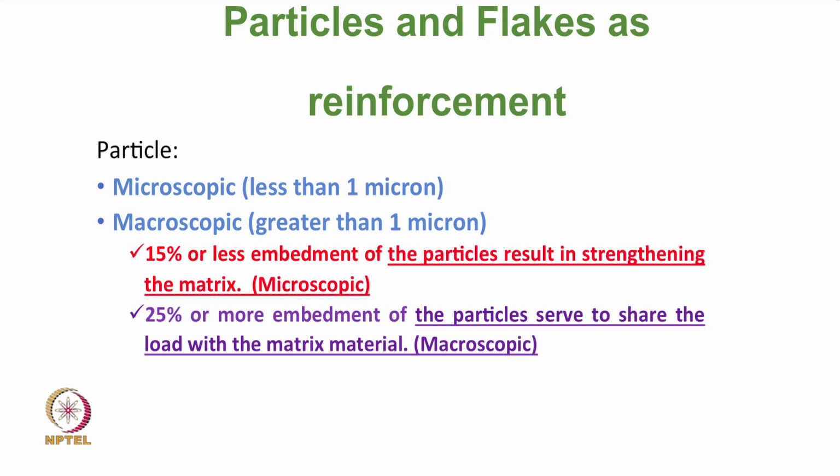The form of composite strengthening occurs in cemented carbide. So, in cemented carbide, the tungsten carbide matrix, 80%, is held by the cobalt binder. So, this type of matrices are used.